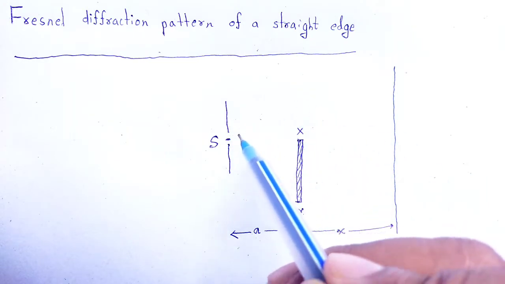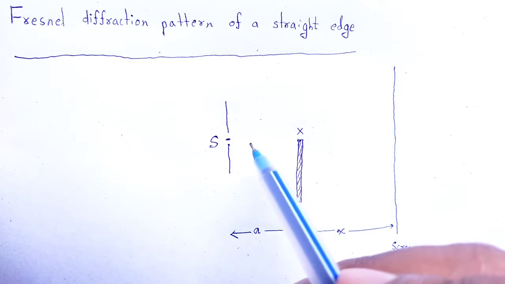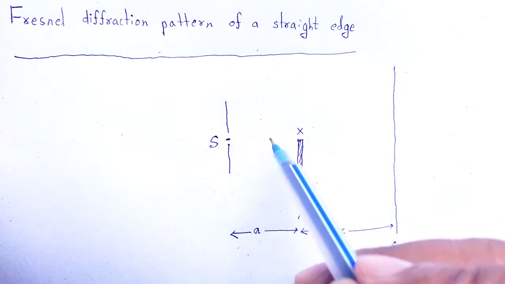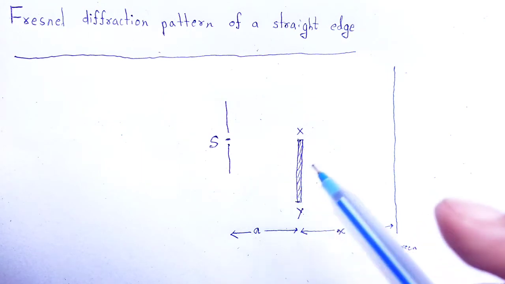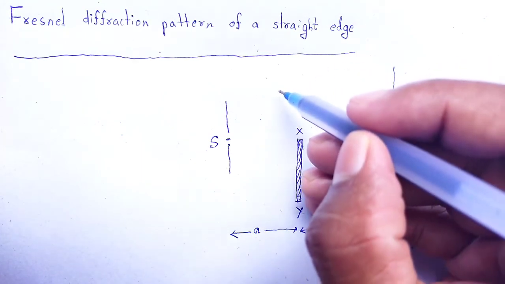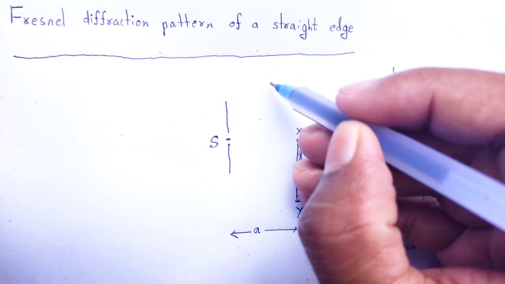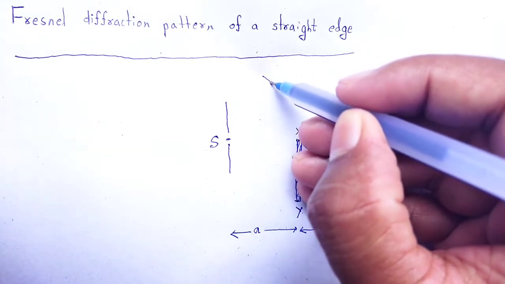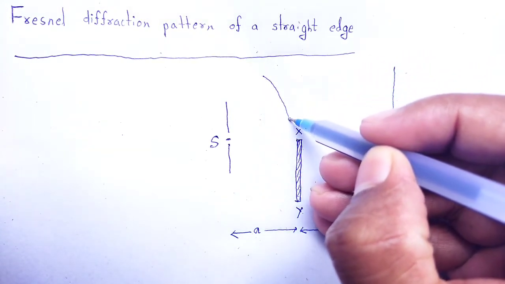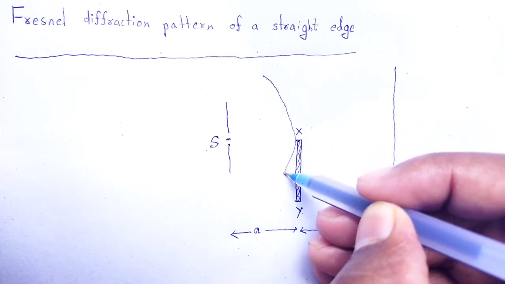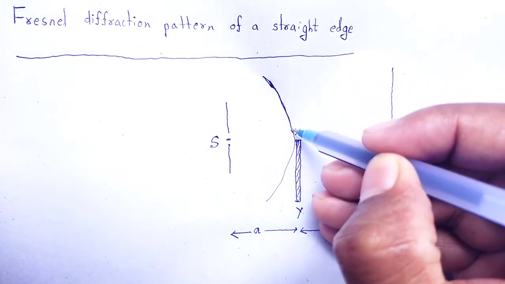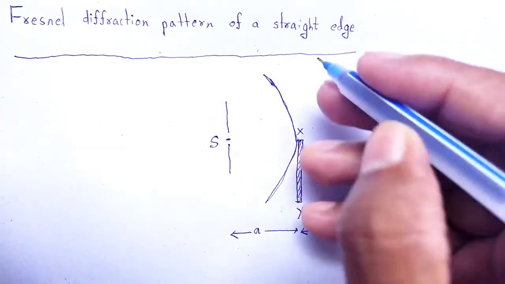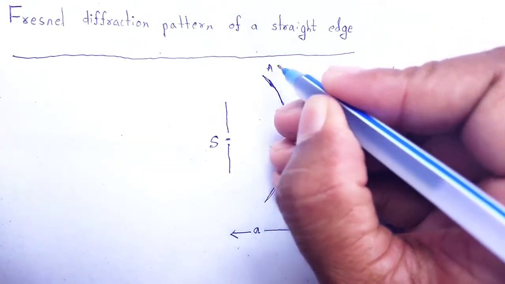From the source, there are some wave fronts. Let the wave front incident on the straight edge XY be named AB.